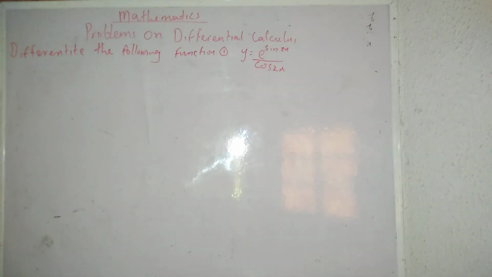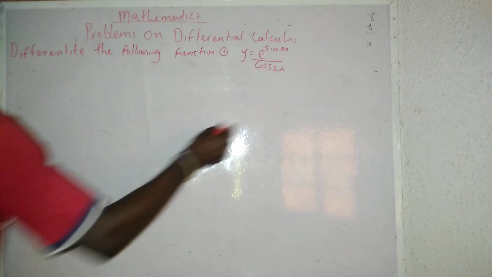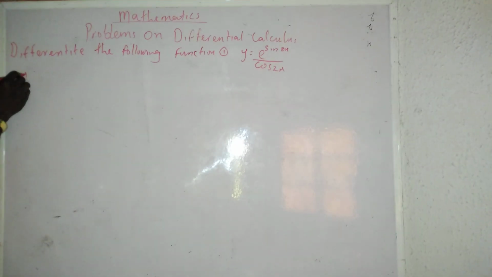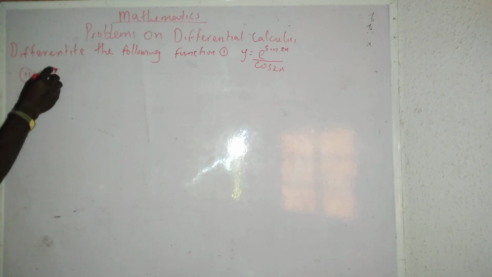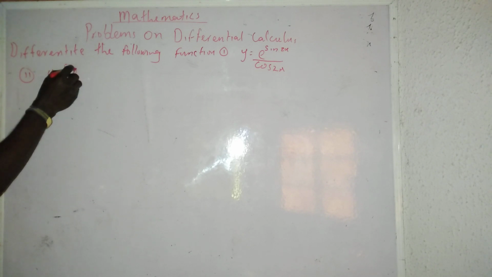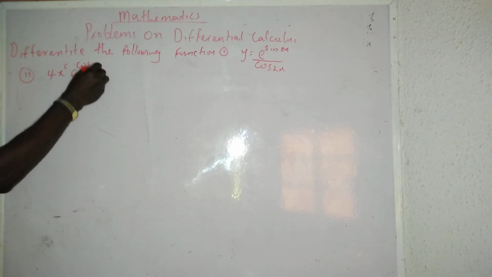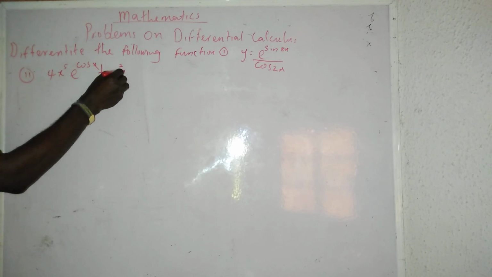The second one is 4x raised to the power 5 exponential e cos x tan square x.